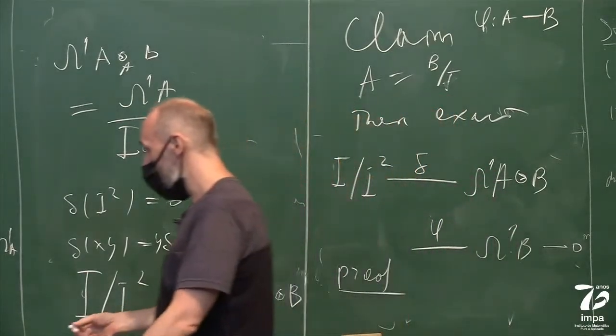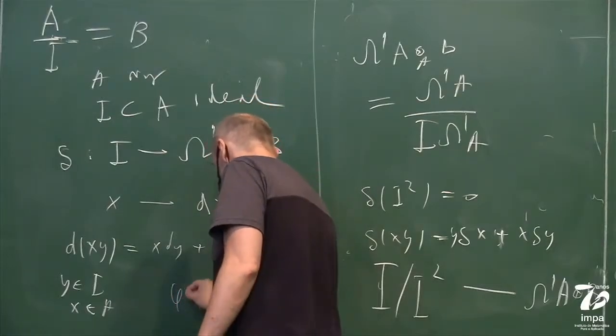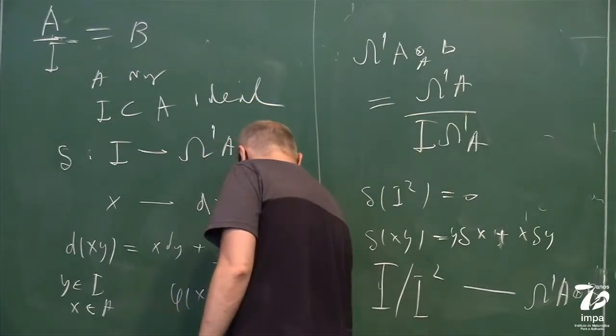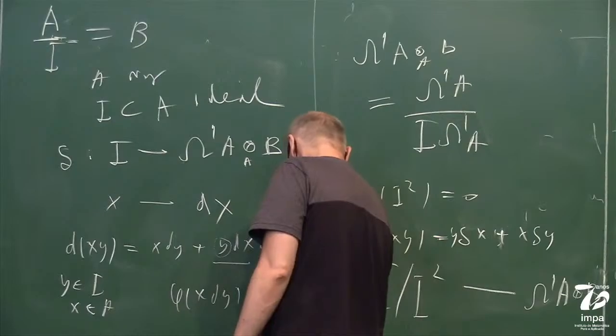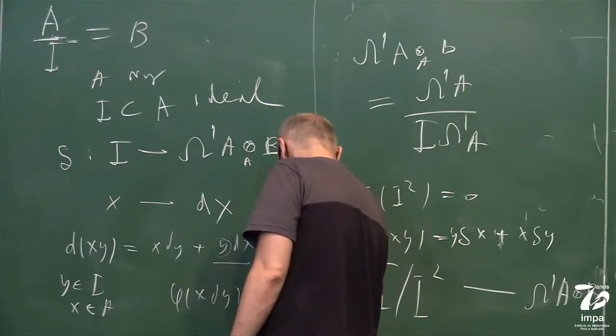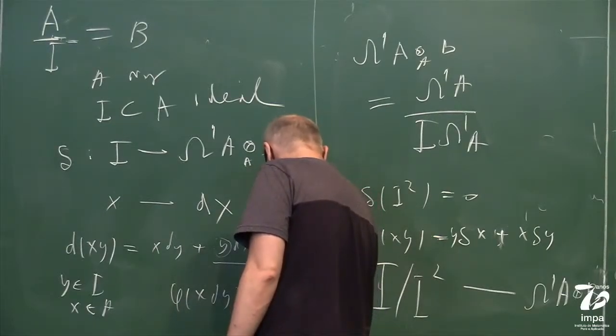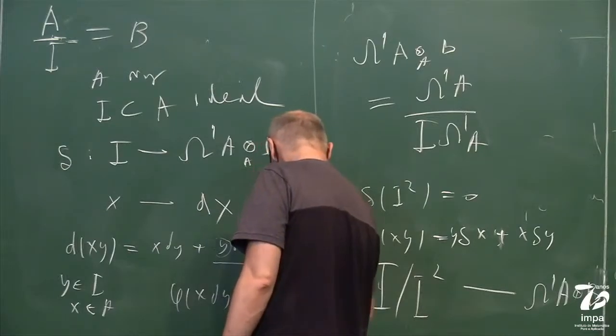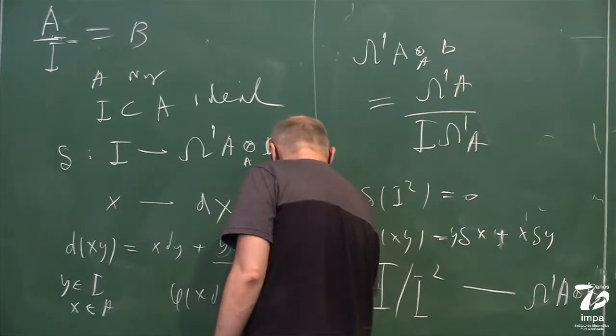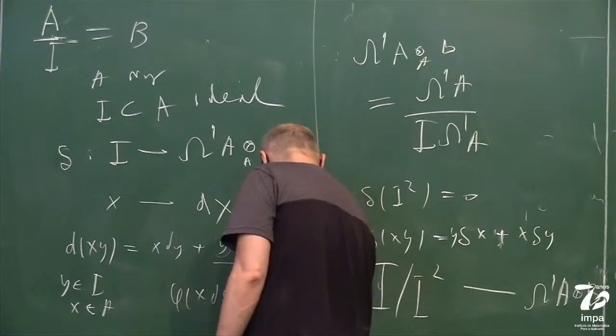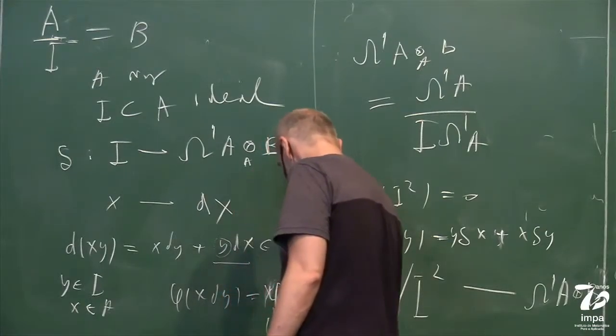So phi of x dy is phi of x times d phi of y, right?